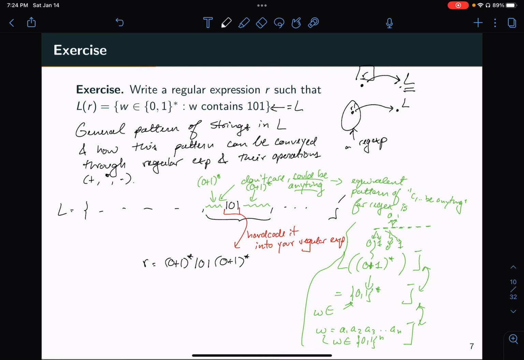So this is a regular expression that denotes the language L, where L contains strings that have 101 as a substring.